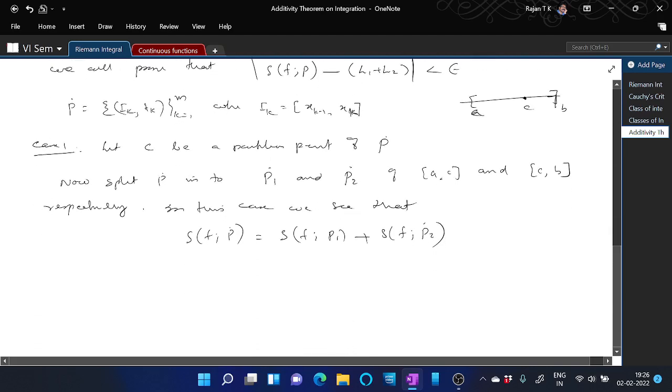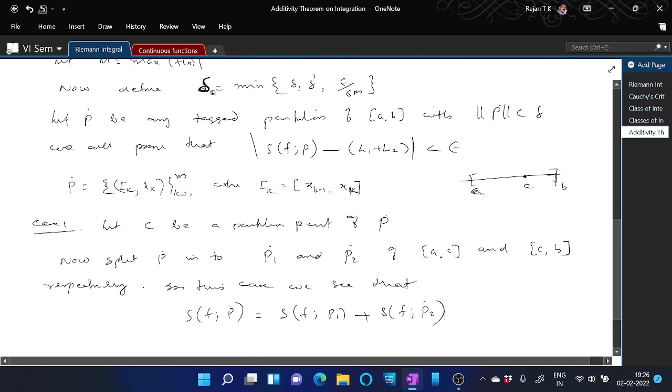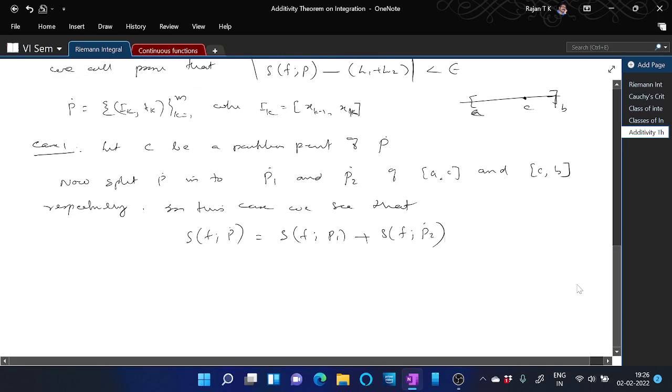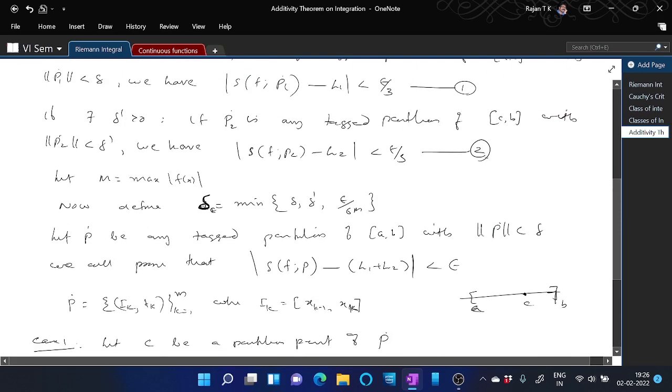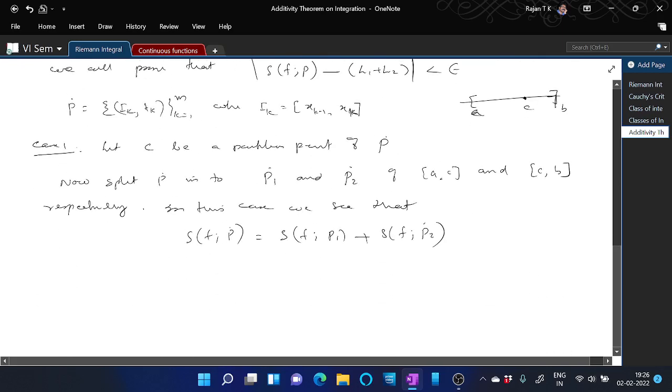So if P is assumed a tagged partition of [a,b] with norm of P less than delta epsilon, these P1 and P2, the tagged partitions of [a,c] and [c,b], will be with the norm of P1 less than delta and norm of P2 less than delta dash, and therefore we have S of P1 minus L1 less than epsilon by 3 and S of P2 minus L2 less than epsilon by 3, and since S of P is S of P1 plus S of P2, we have modulus of S of P minus (L1 plus L2) less than 2 epsilon by 3.